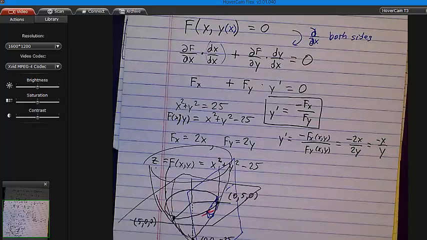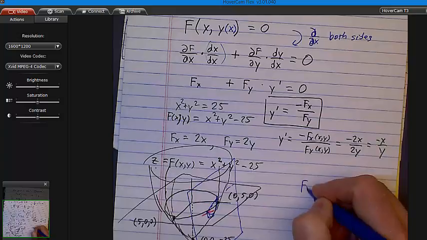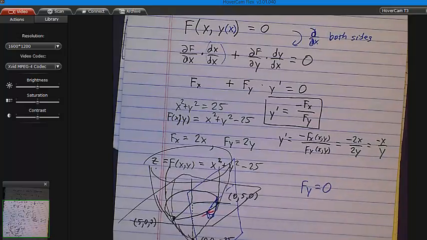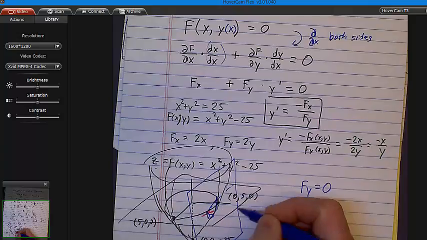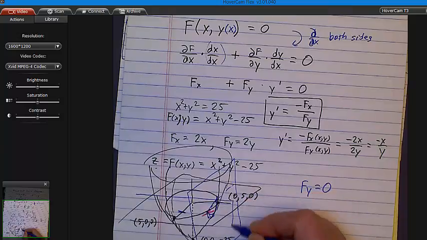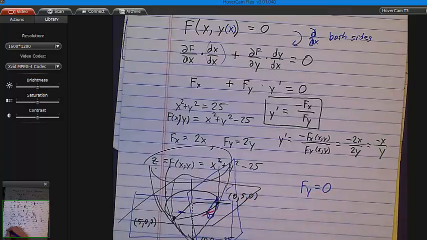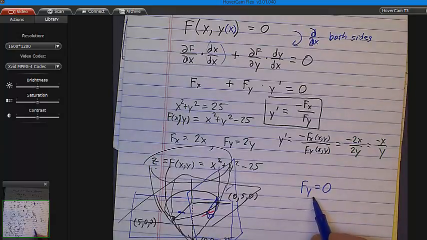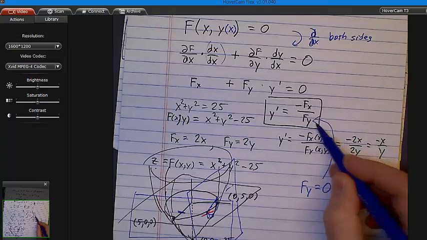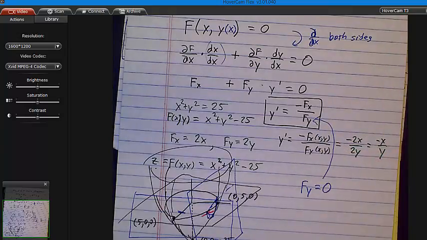What happens when fy equals 0? That's holding x fixed, right? So that would be holding x fixed at 4, looking at this plane, and if fy equals 0, oh, that's weird, then you can't compute y prime, right? Our formula doesn't work.